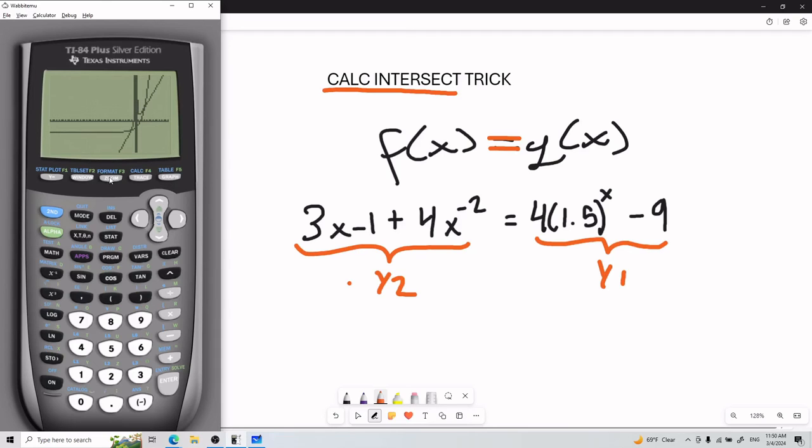Okay, so the solution of x, let me zoom in a little bit more, or let me do zoom fit to see if I can find the intersects. All right, as you can see, sometimes zoom fit doesn't help as much as we'd like it to. Yep. Let me change the window a little bit.